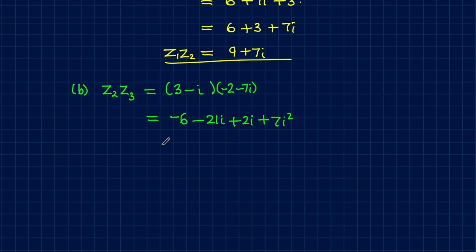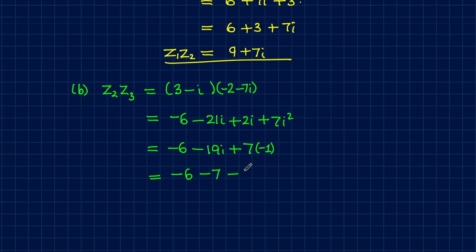Simplifying the terms in the middle, we get negative 6 minus 19i, and this last term is 7 multiplies negative 1. So here we can even collect it to this side, and we have our negative 6 minus 7, since 7 times 1 is 7, and positive times negative is negative.